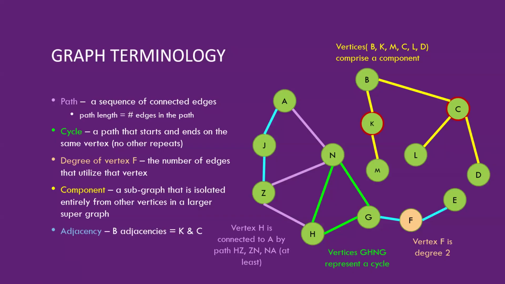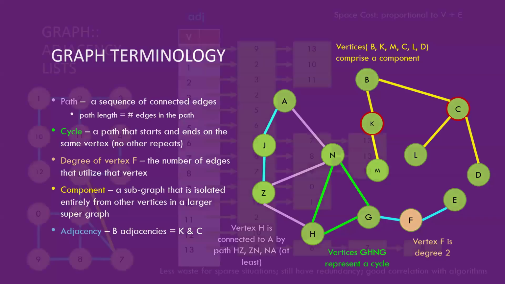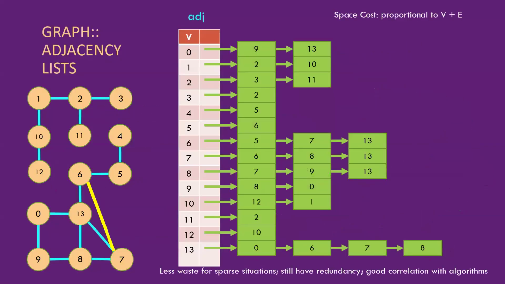Really, it's very closely related to our degree of a particular vertex, okay? So we have adjacencies K and C to vertex B. We looked at our adjacency representation. It's not the only one. We also talked about edge lists and a matrix, but we're going to go with this adjacency list, and this is going to be what we're going to use for the rest of this module in class.